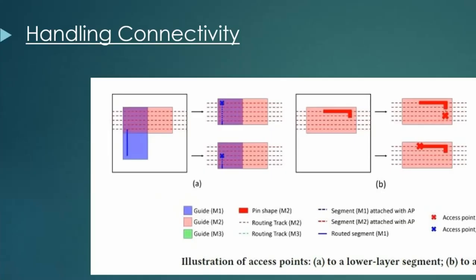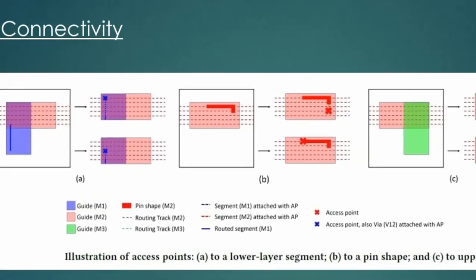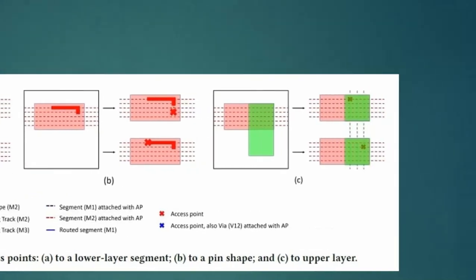This is handling connectivity between the layers, and in the second figure, what you see is connecting a pin, say for example the output pin or VDD pin or ground pin of a cell within a guide. The third picture is connecting an upper layer to a lower layer.